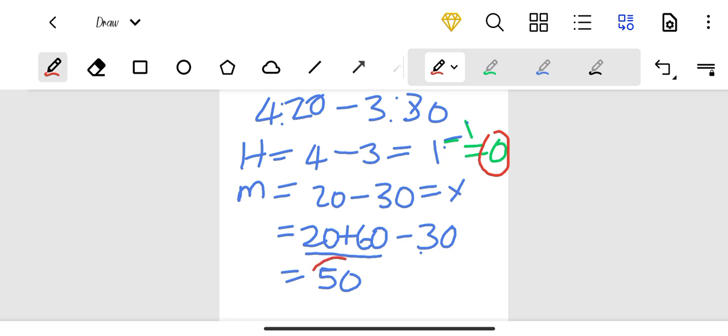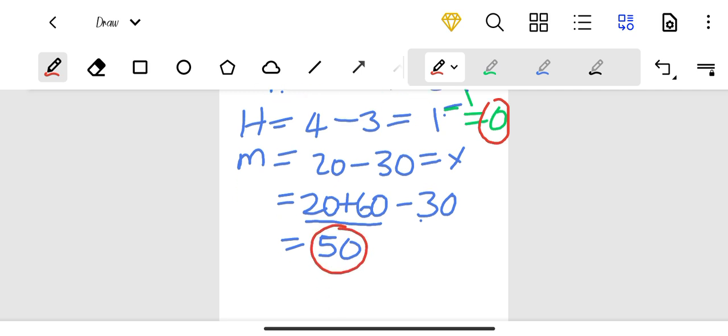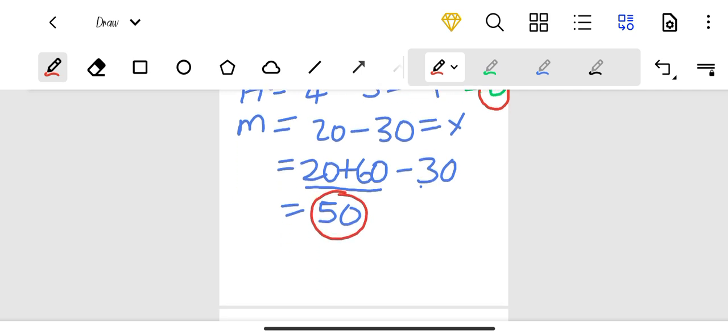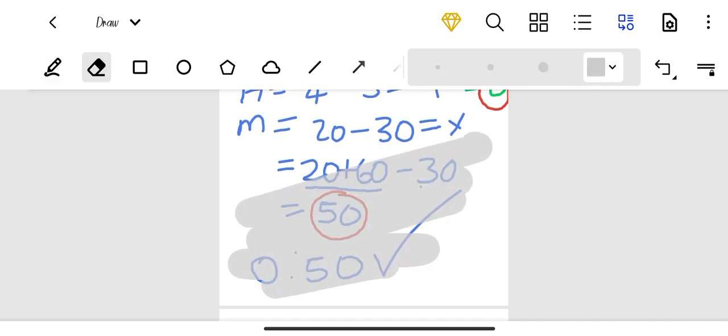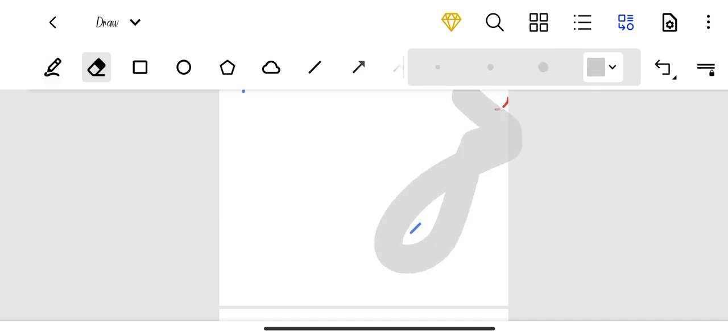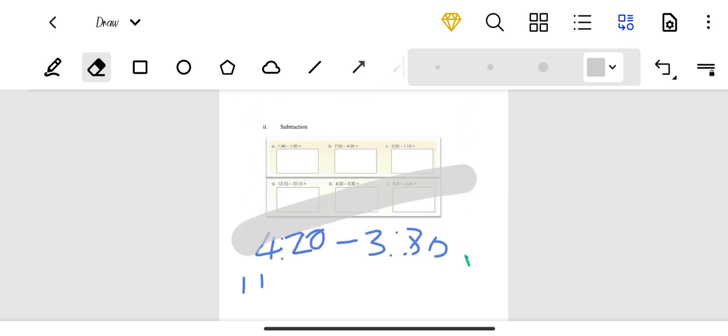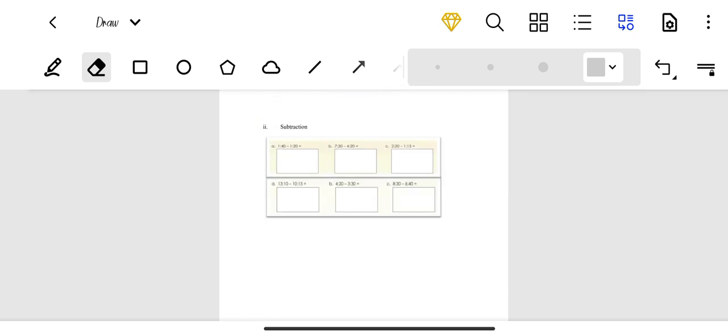So this is going to be your final minute. Combining them together is literally going to be 0:50, and that's your final answer. So let's jump to the last one. The last one says 8:30 minus 6:40.